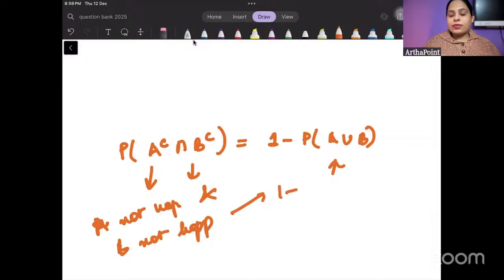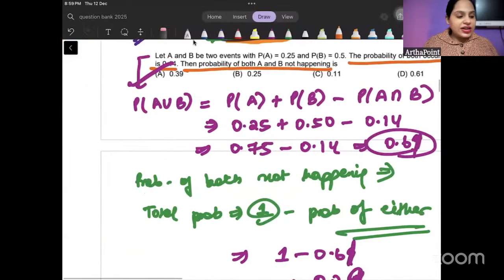This will be 1 minus either A or B. बस इतना ही था. So this is a very simple question in which we have to use the application of probability. ठीक है. Now let us go ahead to the next question.